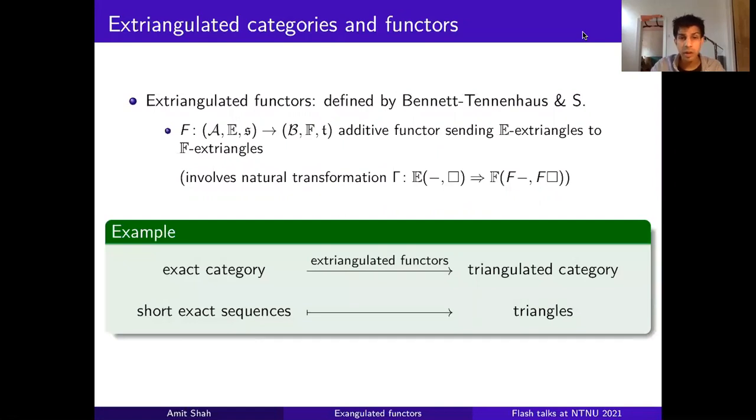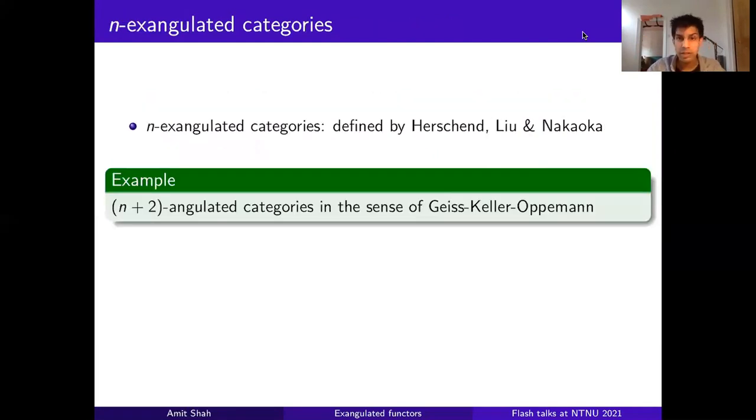And so with this now, we can talk about functors from exact categories to triangulated categories, which preserve the structure. Then these are the X triangulated functors. So let's skip up a dimension. Now we have the higher homological algebra setting, and we've got n-exangulated categories as defined by Herschend, Liu, and Nakaoka.